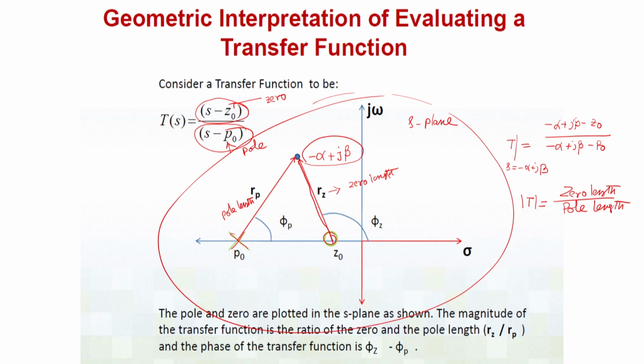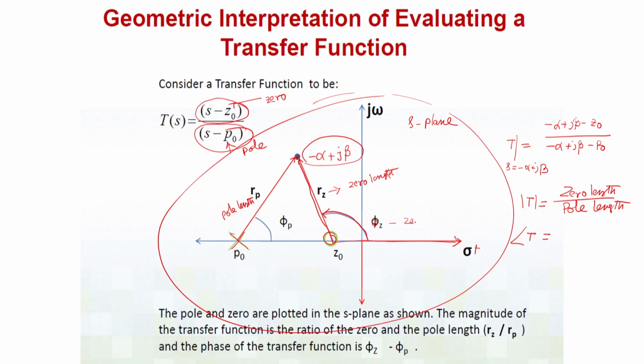Similarly, I can also find out T is complex. So, it has a magnitude and it has a phase. So, I can also find out the phase of T for this particular point. How do I find it out? Well, from the positive real axis, that is this positive sigma, I have to go like this, okay, counterclockwise until I get this point, and the corresponding angle is phi z.